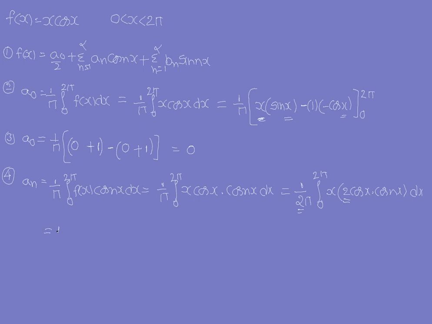Using the formula 2 cos a cos b is equal to cos of a plus b plus cos of a minus b, we get cos of 1 plus n into x plus cos of 1 minus n into x, dx.